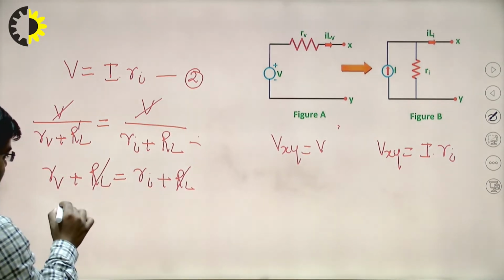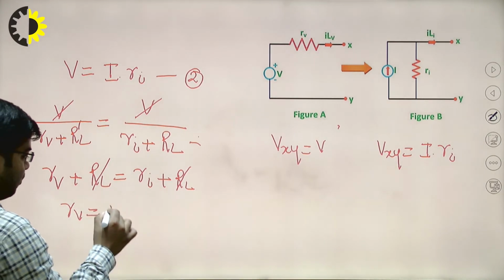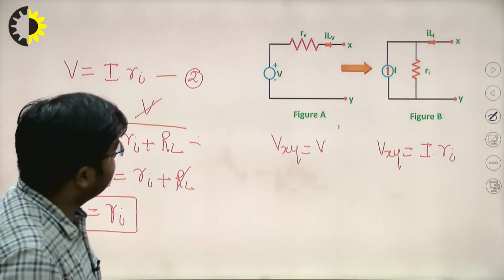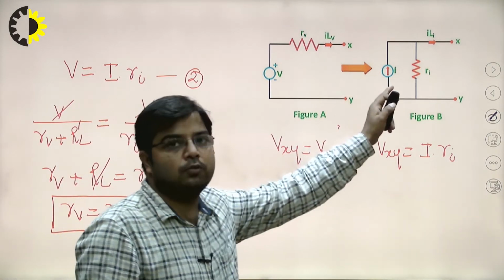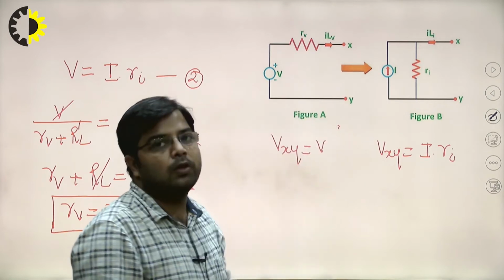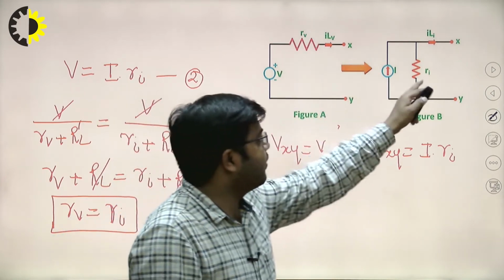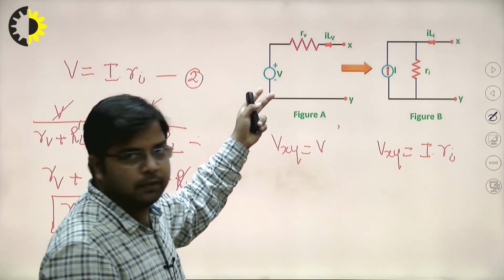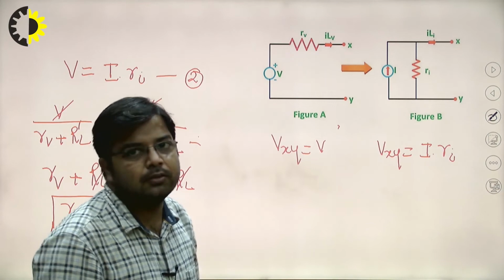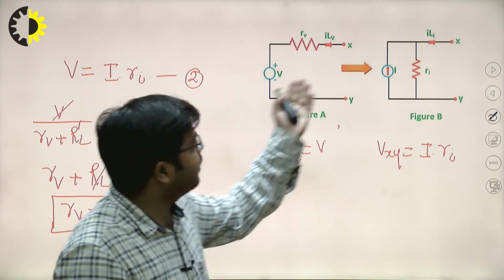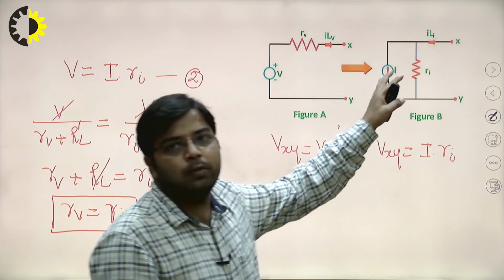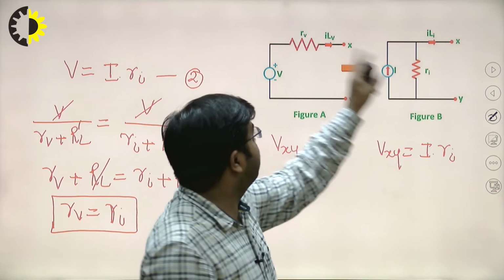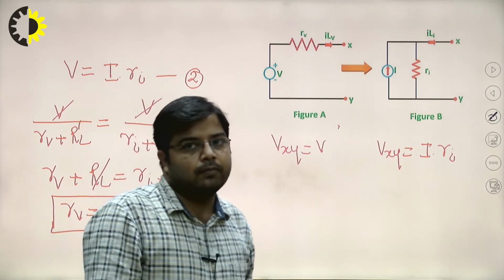So this will cancel out. So small Rv is equal to small Ri. It means when you are transferring this voltage source into current source, or this current source into voltage source, this value Rv and Ri will be same. Okay. Suppose if this voltage source is given and Rv is the internal resistance, and you are transferring this voltage source into current source, so this current source value will be equal to V by Rv, and this Ri will be equal to Rv. Okay.